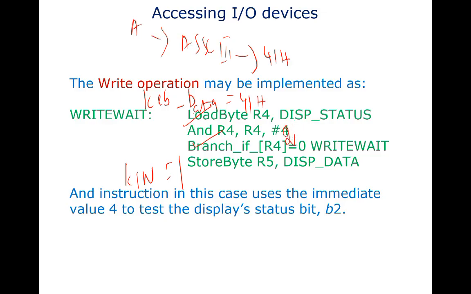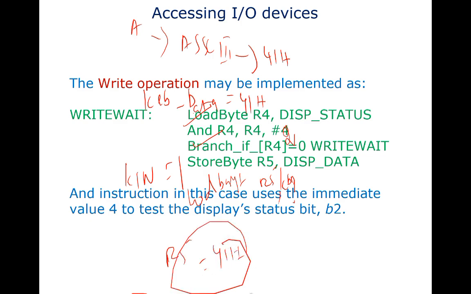Then the processor needs to read the character, so I give the instruction load byte R5, comma, keyboard data. Therefore the register R5 now has 41h, that ASCII character.